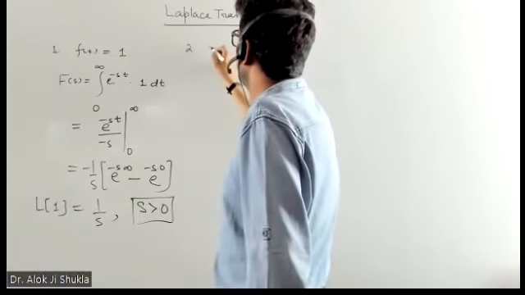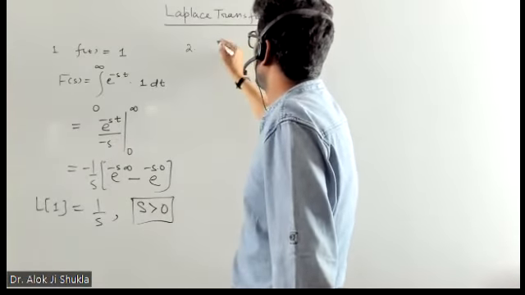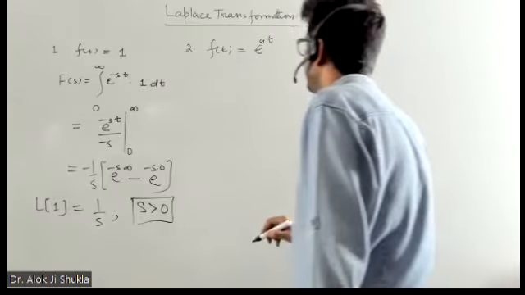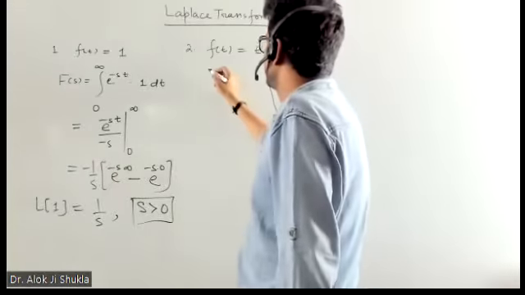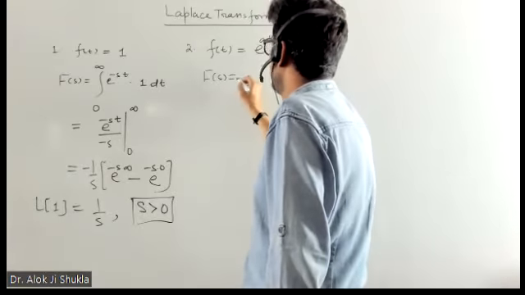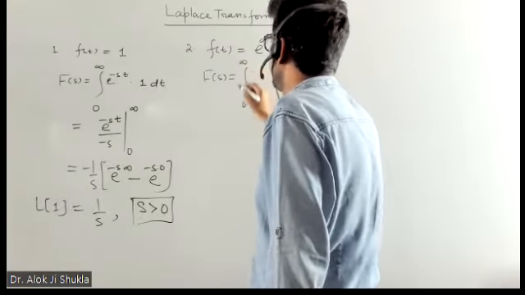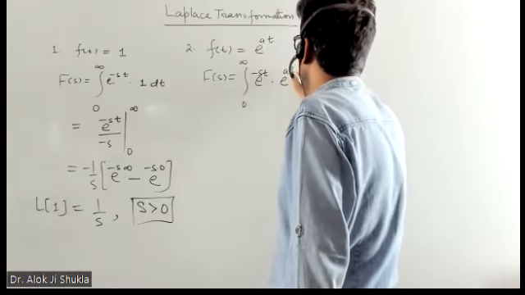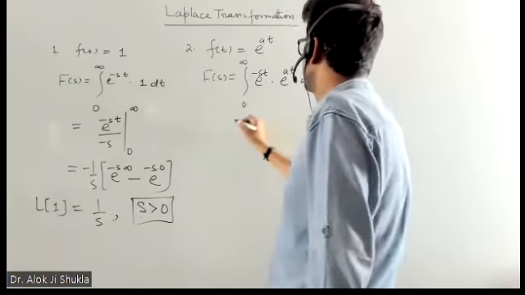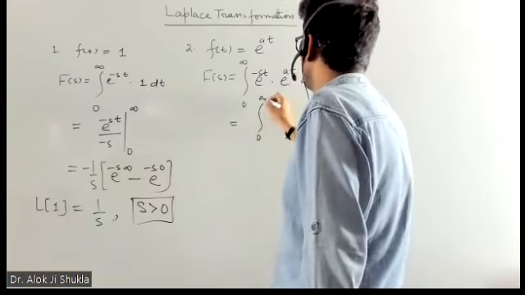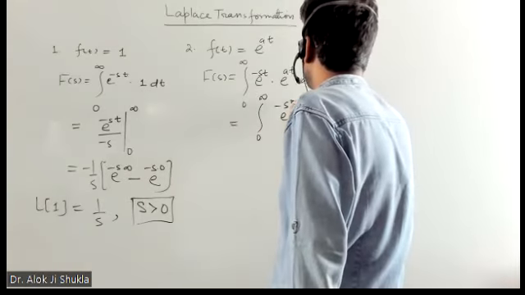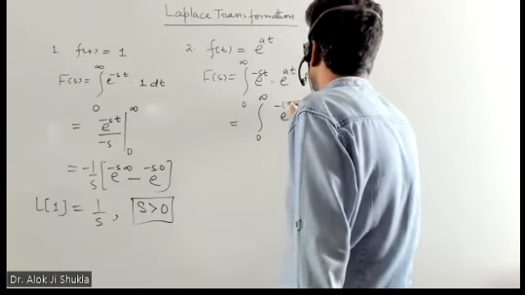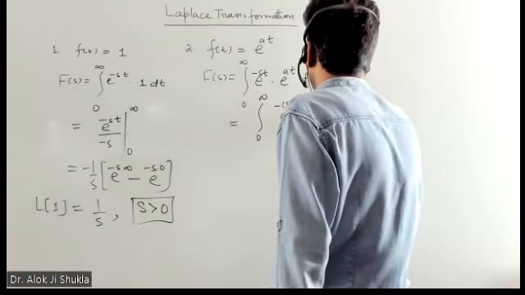Second one is e to the power at. So your f(t) is e to the power at. Now F(s) will be equal to integral 0 to infinity e to the power minus st, e to the power at into dt, which is integral 0 to infinity e to the power minus (s minus a)t dt.